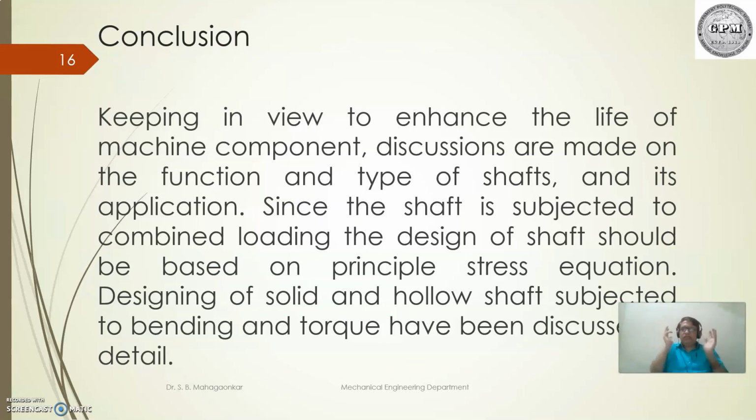So here we are not designing the shaft based purely on bending or purely on shear, because the shaft is subjected to combined loading, hence it should be checked using the principal stress equation and the ASME code equation for shafting. So we have to design, right?